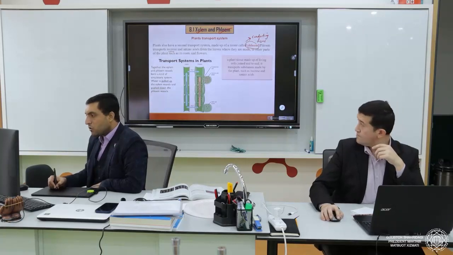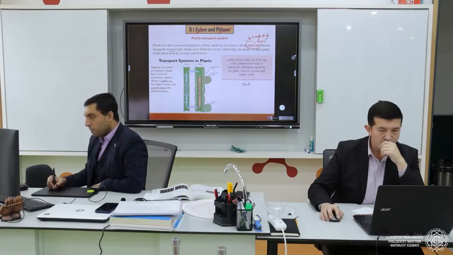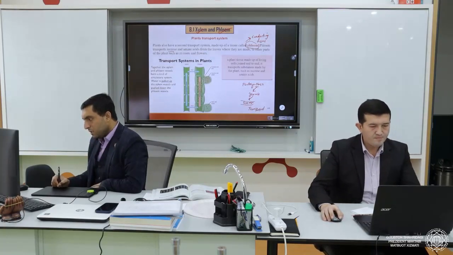You know about photosynthesis, right? In photosynthesis, plants make glucose, and this glucose is converted into sucrose. And now this sucrose is transported in phloem.